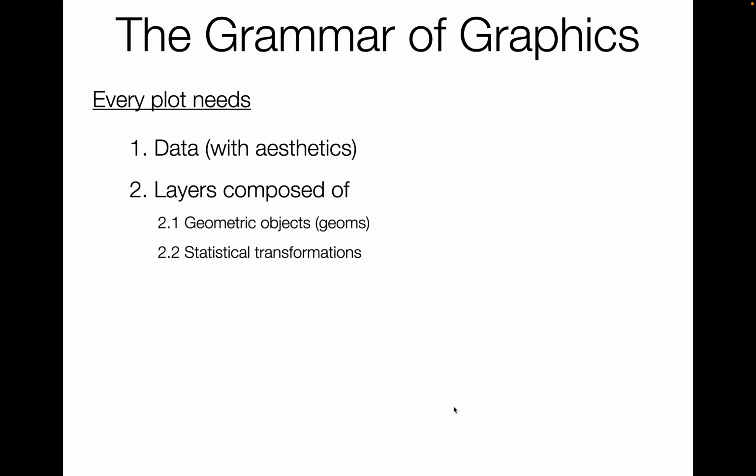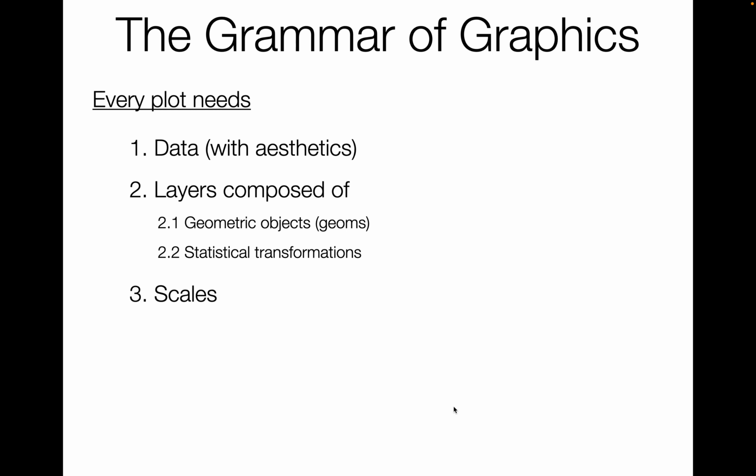A histogram is a range of values, so you cut the data into ranges, you count how many observations are in each range, and the height of the bar is the number of observations in that range. That's a statistical transformation that ggplot needs to know how to do. You're not going to have to make those statistical transformations by hand, but when you choose a histogram, it knows it needs to do that transformation.